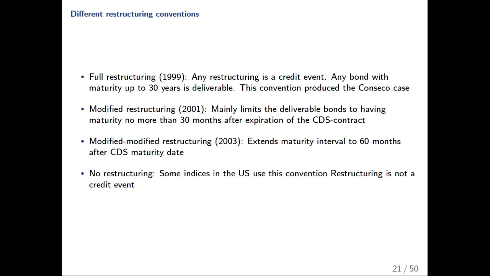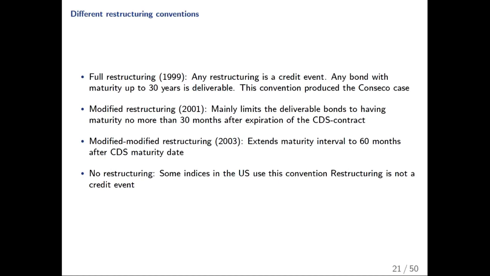In Europe, we have a very famous example of this, which was a super complicated case: Greece. The Greek default was a restructuring. At the time, it was unclear whether this would trigger the CDS or not. In fact, it did trigger the CDS in 2013.